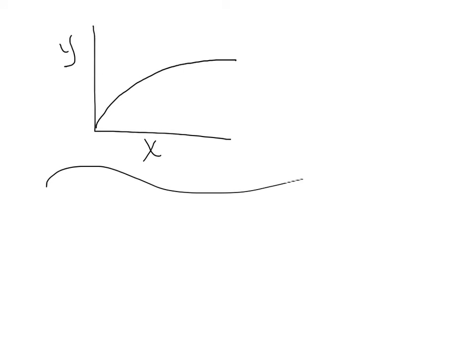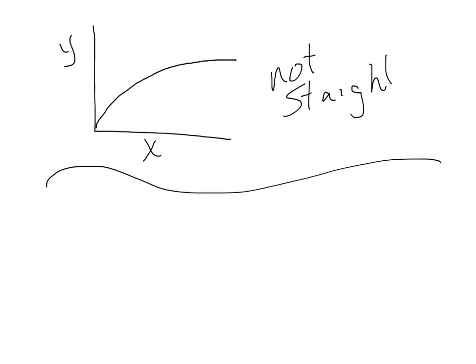Final type is an inverse parabolic. It looks like this. Okay, so that means, again, not straight, so we have to do something to it. If you ever get one of these, you're going to graph your x.